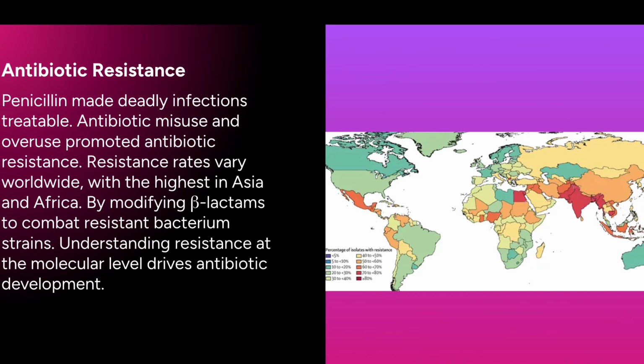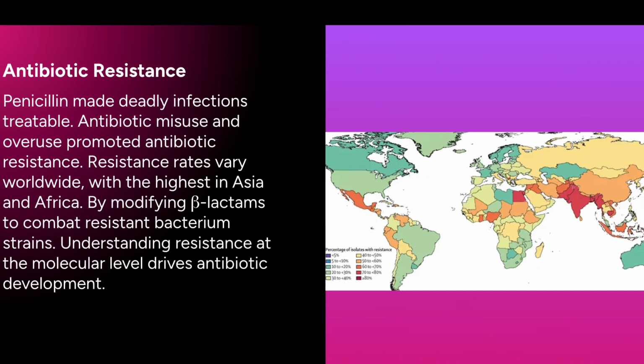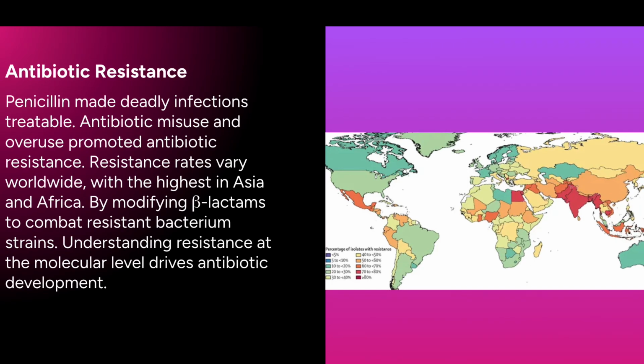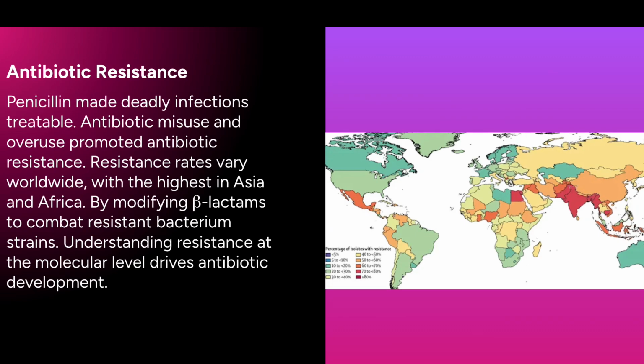Finally, for my last slide of my presentation, it is titled Antibiotic Resistance. Penicillin transformed medicine by almost instantly making fatal illnesses curable. However, the cost of its extensive usage was the rise of antibiotic resistance worldwide.